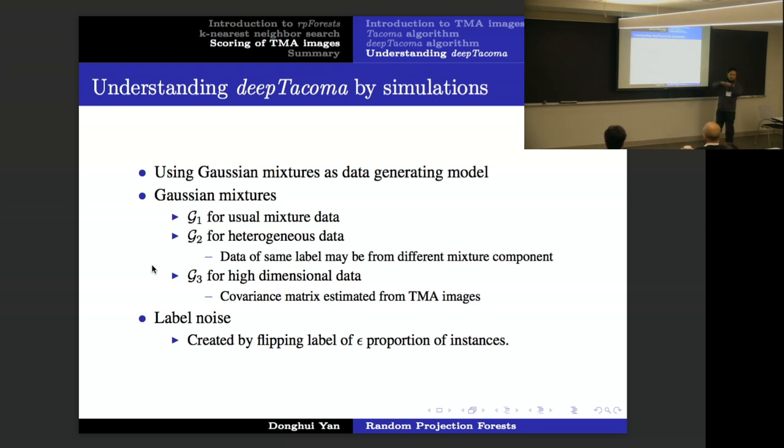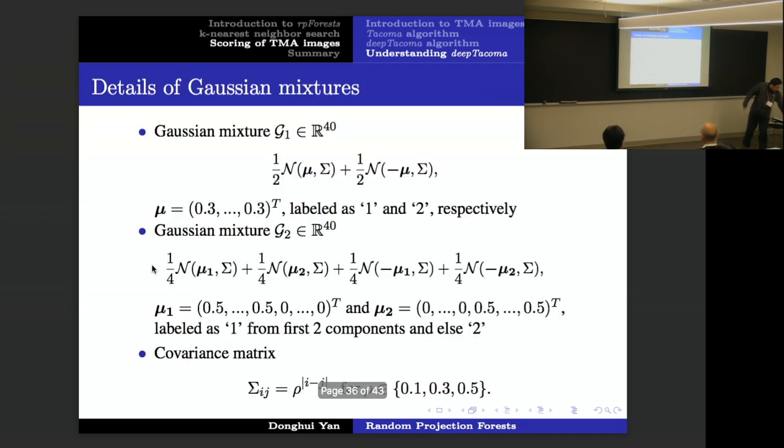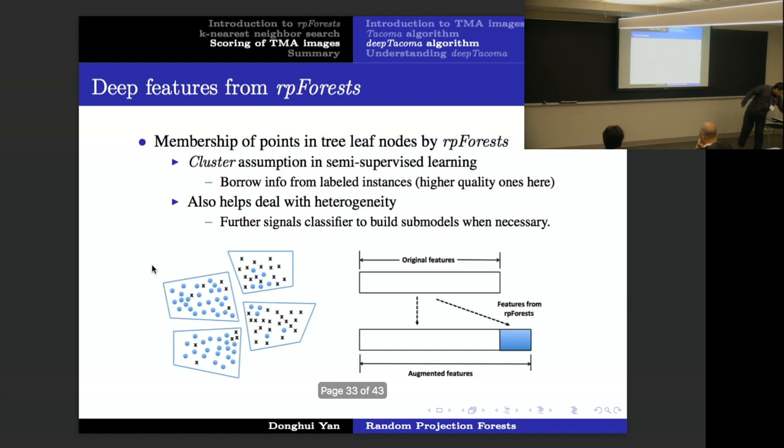In that case, the data is still generated by Gaussians, but the data come from different mixtures, for example the first mixture and the second mixture, and they have the same label. Just to resemble this: those images have the same label, but they look very different. We call this heterogeneity, so we use this Gaussian mixture to simulate this scenario.